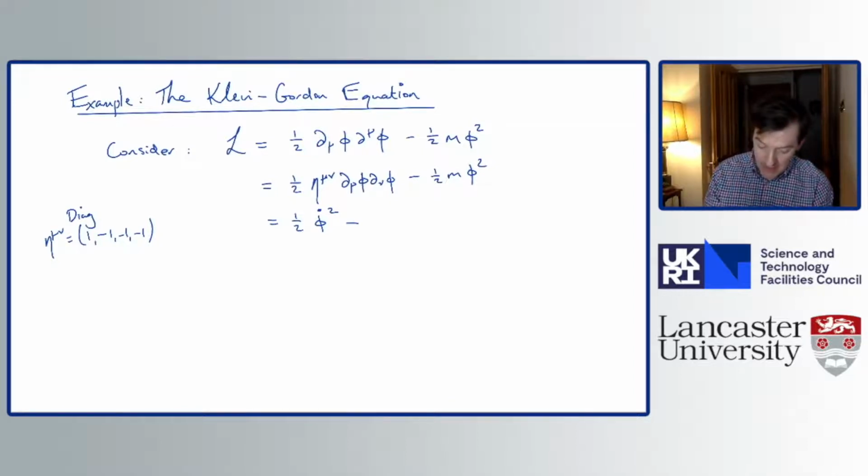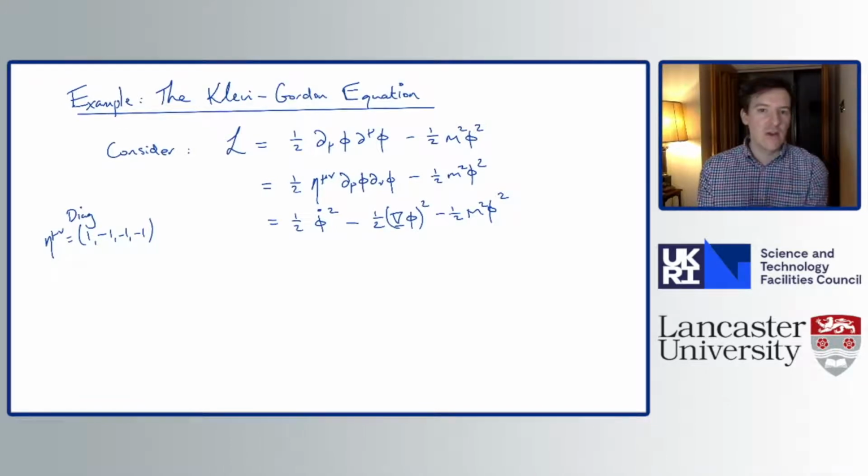I'm going to pick up a minus from the minus signs in eta, so half the gradient squared, minus a half m squared phi squared. Sorry, I was missing that; it should be m squared phi squared.